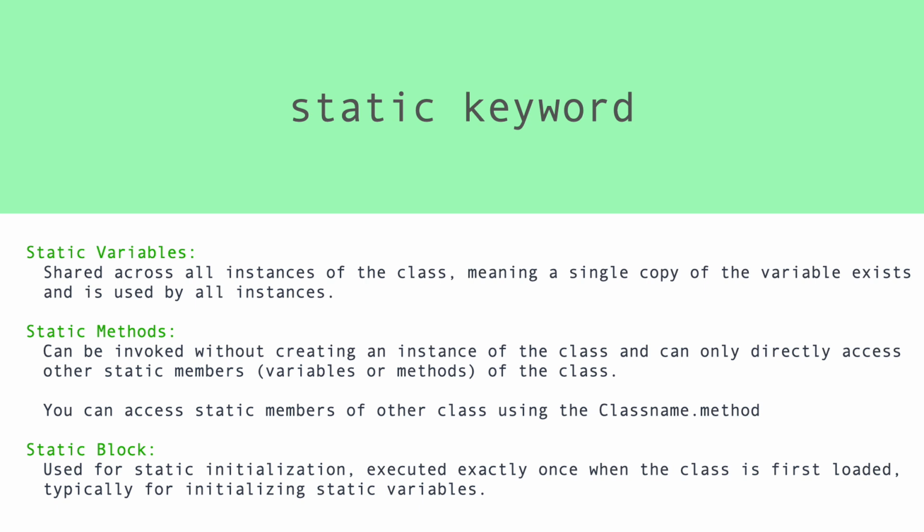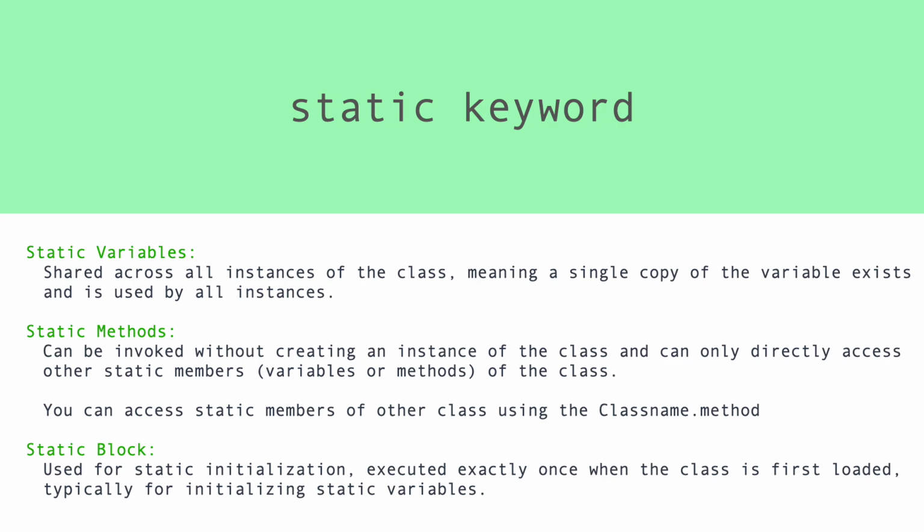When you use static for a block, once again without creating instances, it first executes the block, and whatever content is there gets executed. We'll see one example of how static is used for all these cases. Also, if you have a static method in a particular class and you want to access it from another class, you can use the class name dot method. These are some of the features of static.